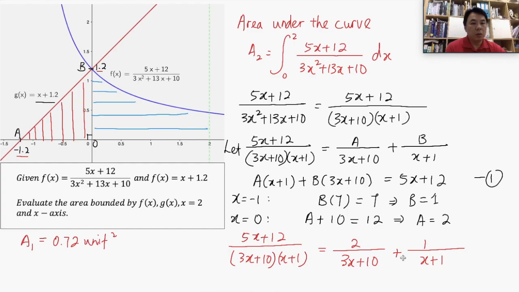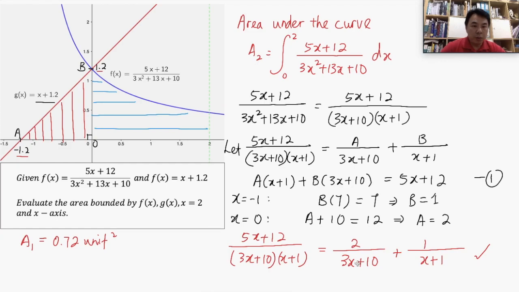Of course, you can do a very quick check to see whether we obtain the rational function. Let me quickly check in case I make any mistake. So 2x plus 2 there, so I have 5x plus 12. After checking, yes, I'm quite happy with the result. This is the partial fraction.